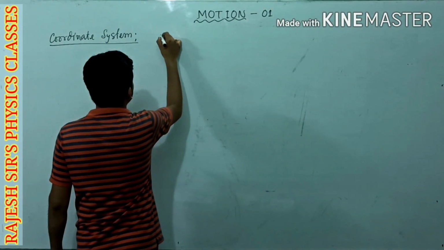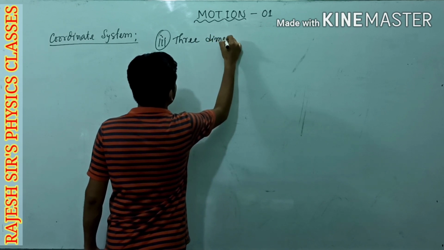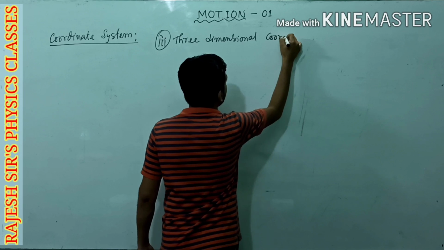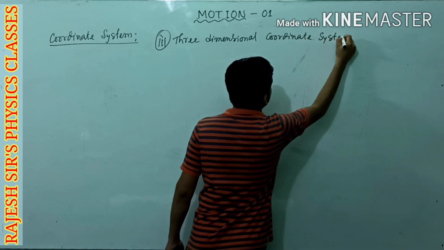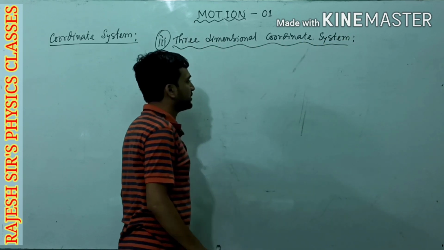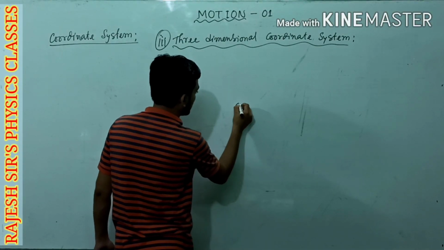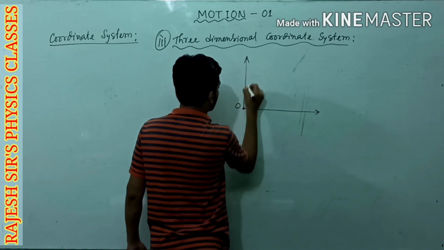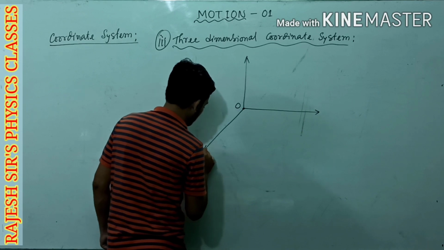Now we are going to consider three-dimensional coordinate system. In three-dimensional coordinate system, we will have one origin O along with three mutually perpendicular axes.